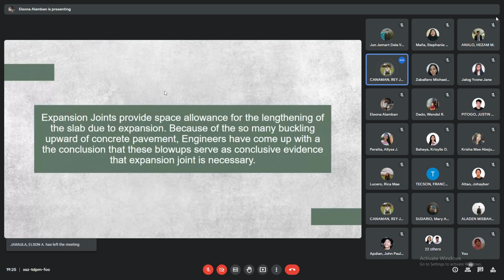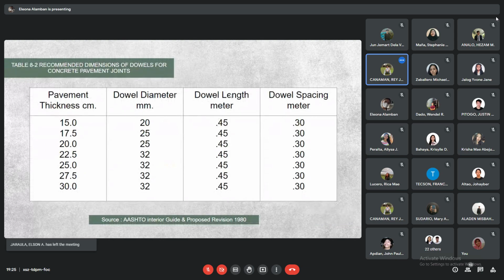So because of the many buckling upward of concrete pavement, engineers have come up with the conclusion that this blow up serves as conclusive evidence.